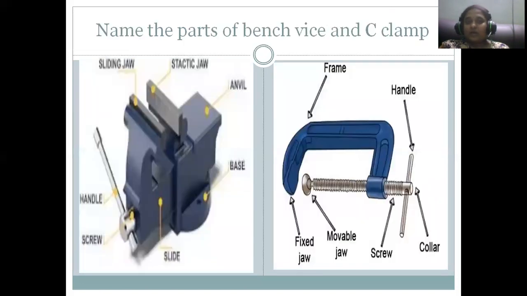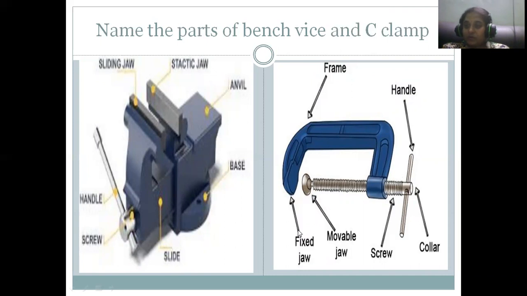Next, he may also show the tool and ask you to name two parts of it. For example, a bench vise has a handle, a screw, a slide, an anvil, a static jaw, and a sliding jaw. Whereas a C clamp has a frame, a handle, a collar, a screw, a mobile jaw, and a fixed jaw.